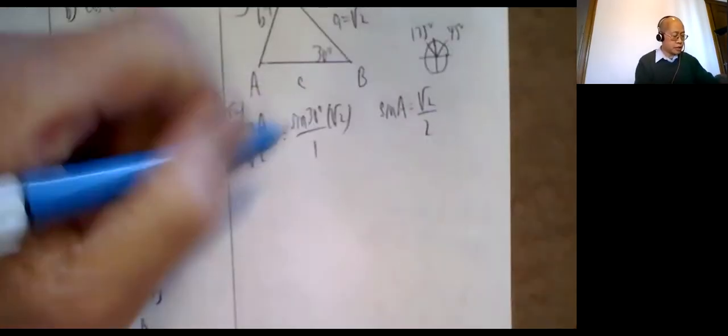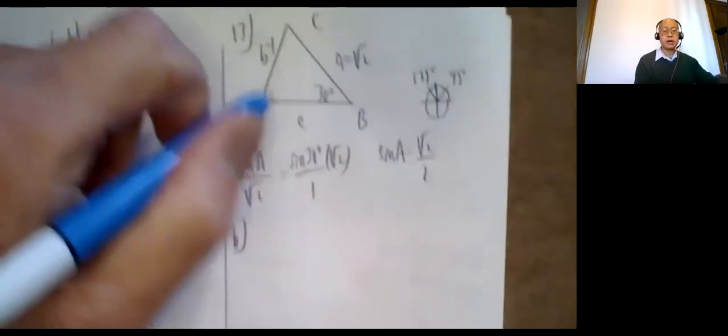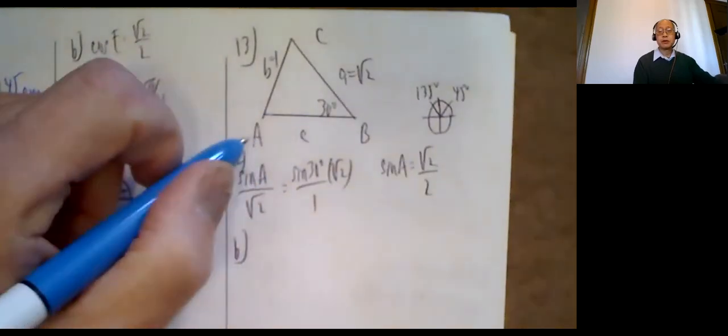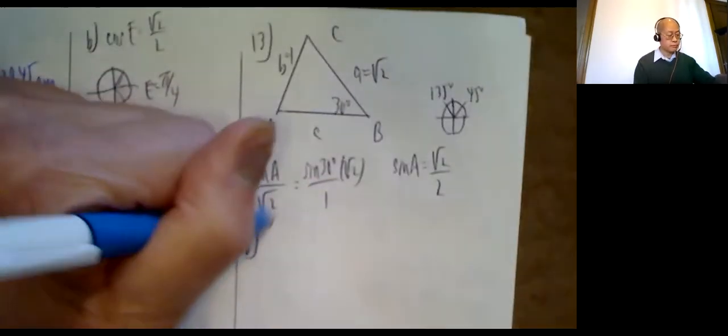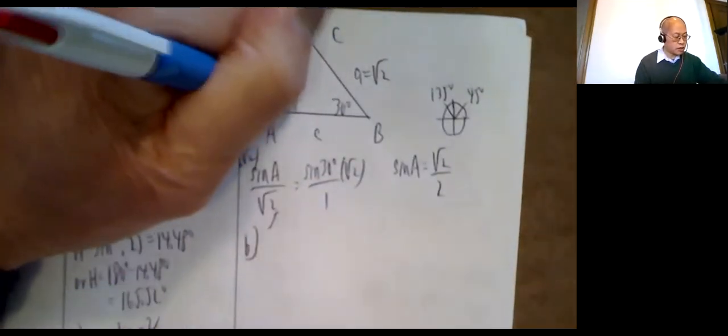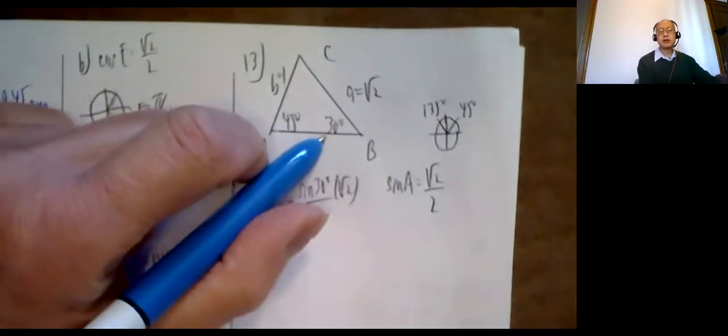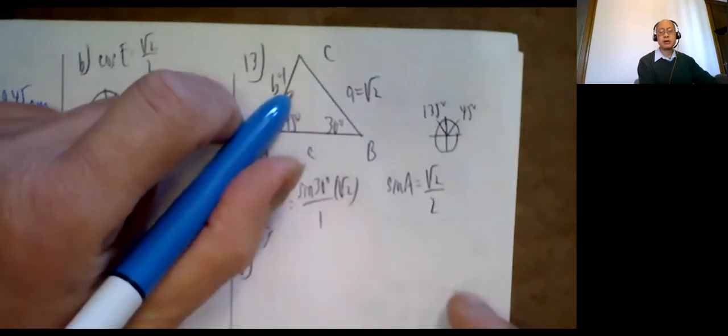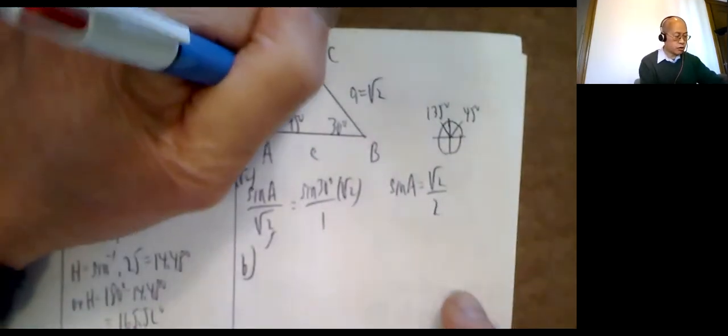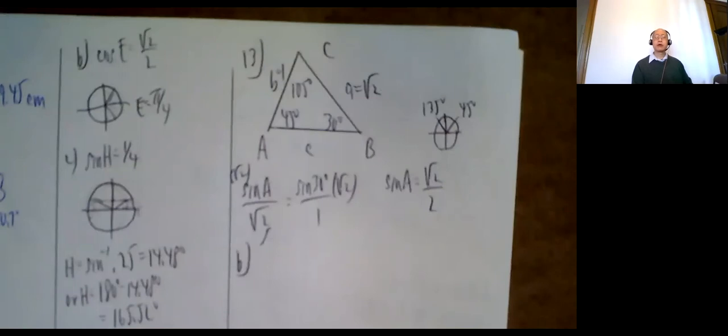Okay, so part B, I'm going to piggyback off of this. Let's assume this is 45 degrees. 45 plus 30 is 75. 75 from 180, so that makes this 105.